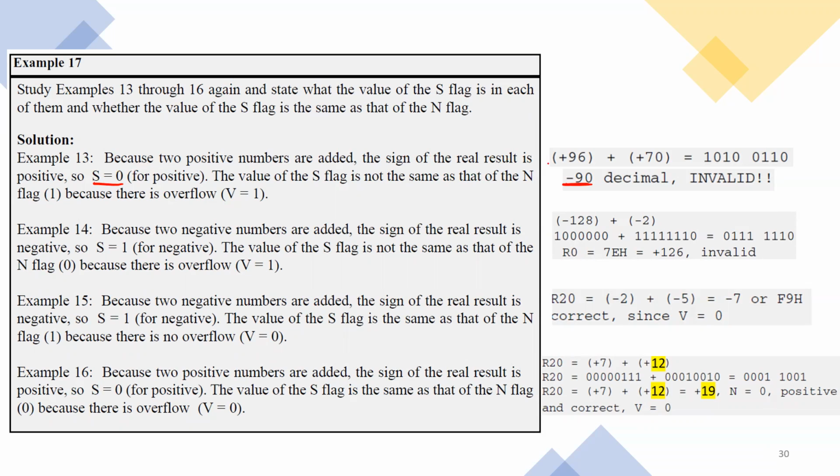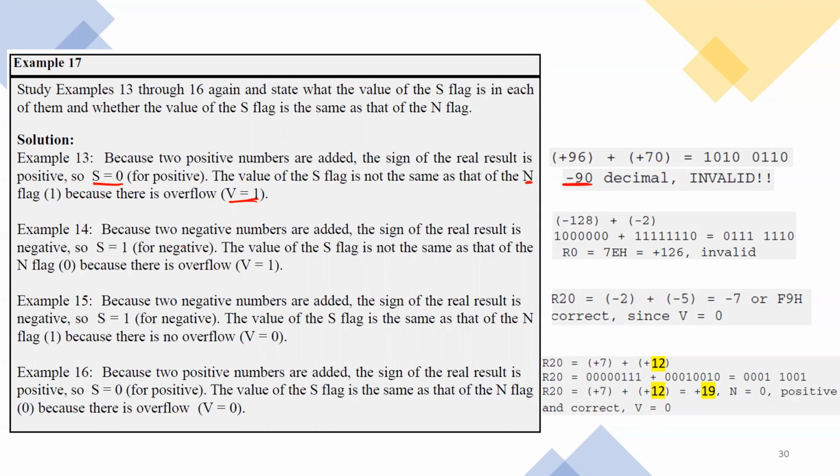Although we have N equals 1 and V equals 1 as well, we cannot get the right solution from N and V, so we can figure it out from S. So S equals 0 means our answer should be positive, which means this minus 90 is invalid. So this number is positive.